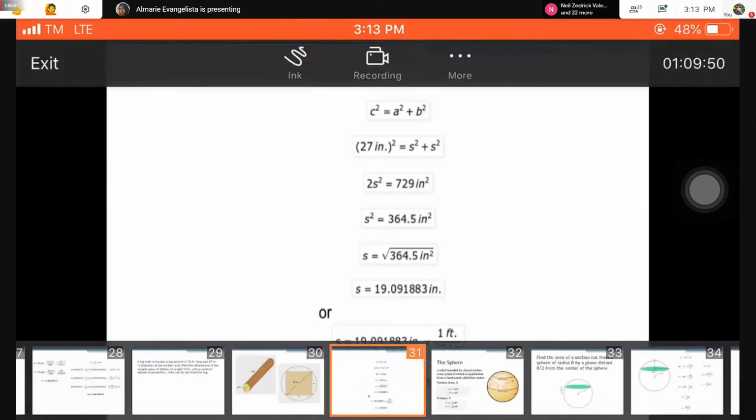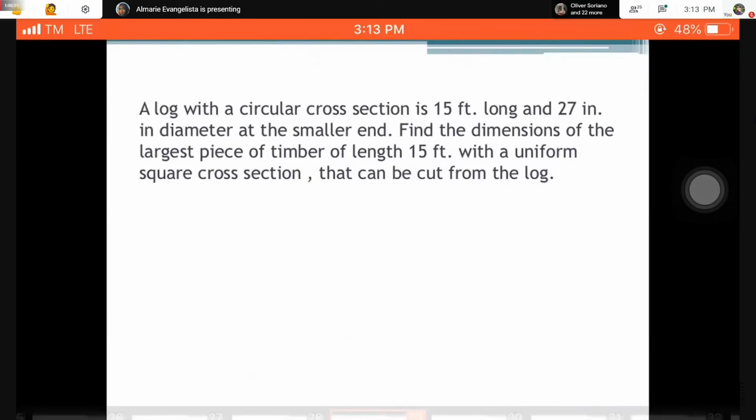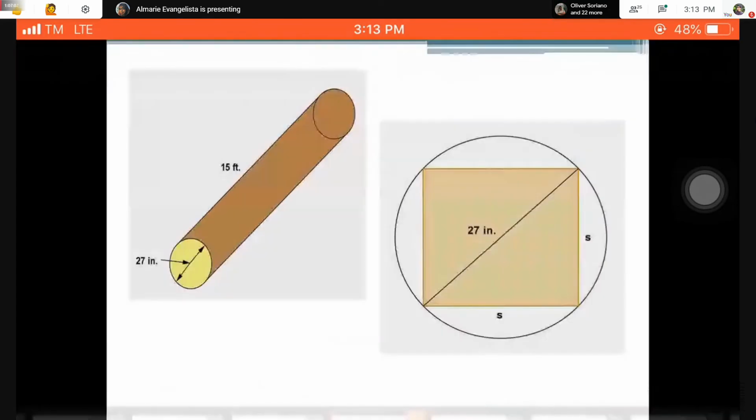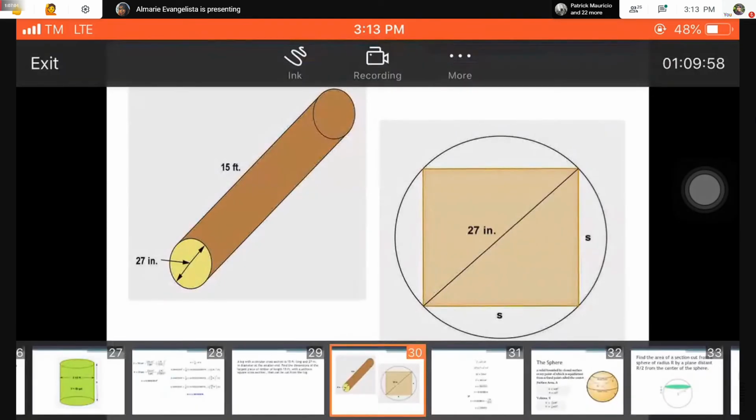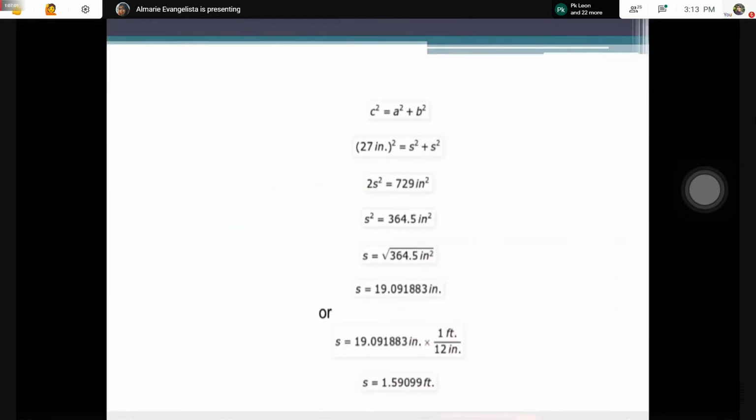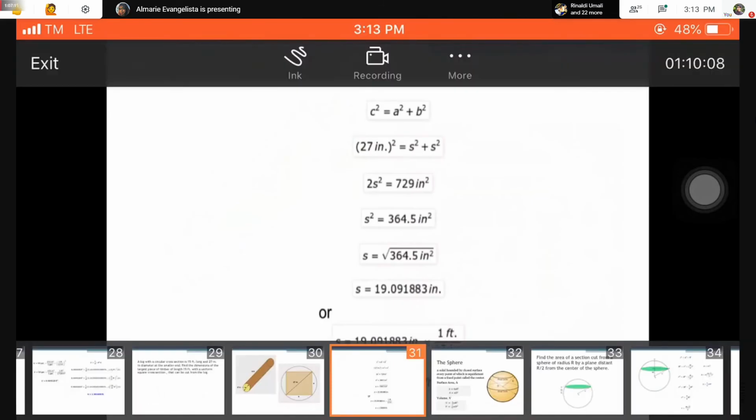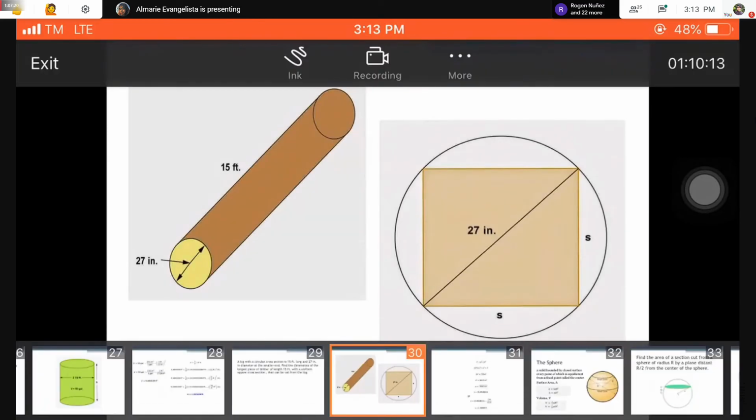Balik tayo. Ang dimensions, ang kinocompose niya is length, width, tsaka height. Since meron na tayong given na length, which is 15 feet, and nasolve na natin yung side, ang magiging sagot niya ay 1.59 feet times 1.59 feet times 15 feet.